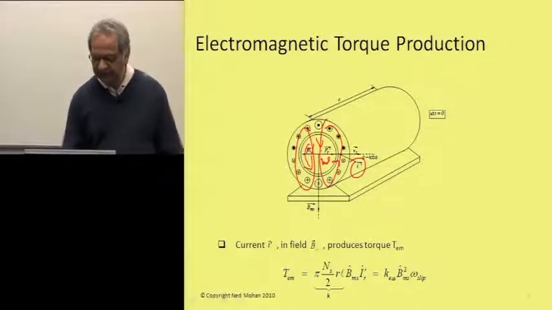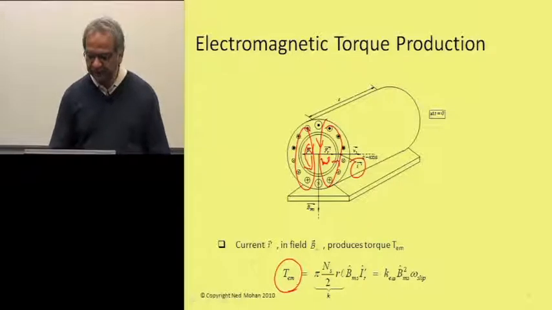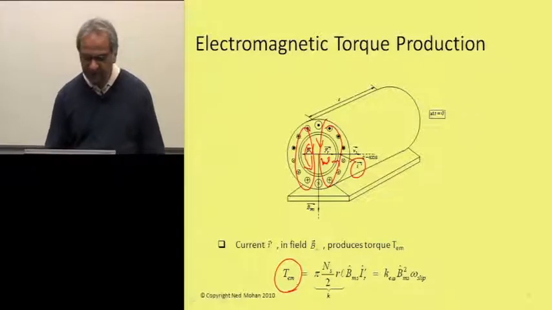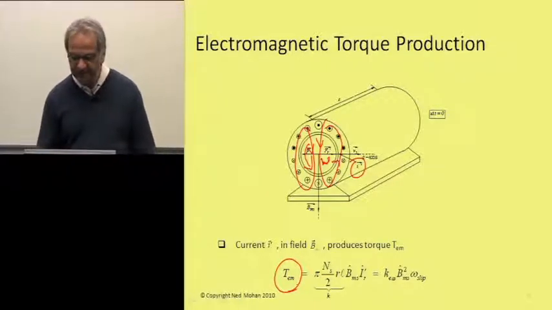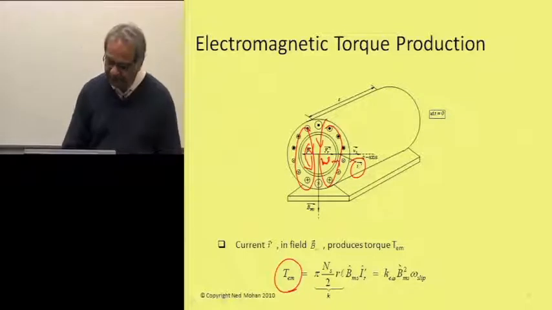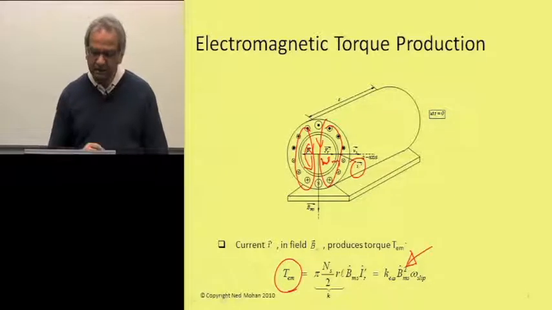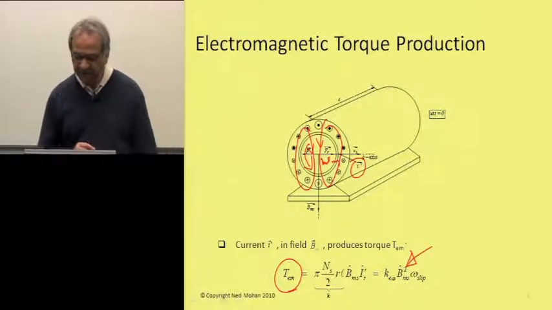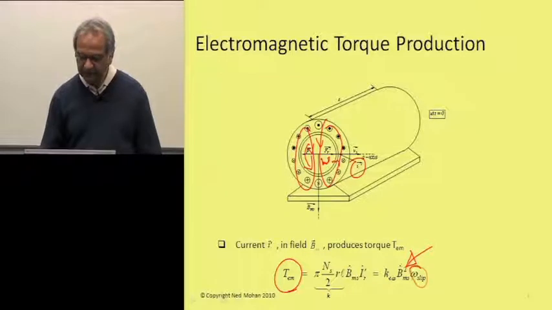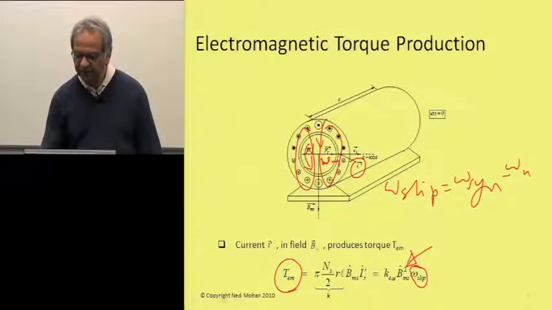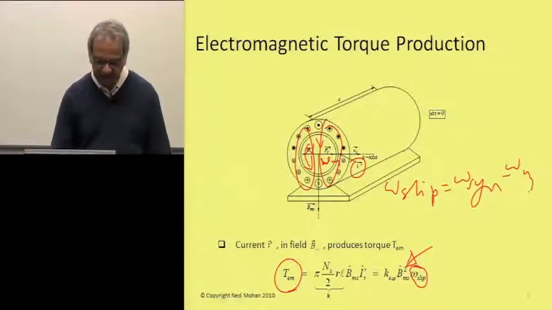So we can calculate, using the principle we used earlier in the case of PMAC machines, what the torque produced is. You can see that it is proportional to the square of the peak flux density and proportional to omega slip, where omega slip is the synchronous speed minus the mechanical speed of the rotor.